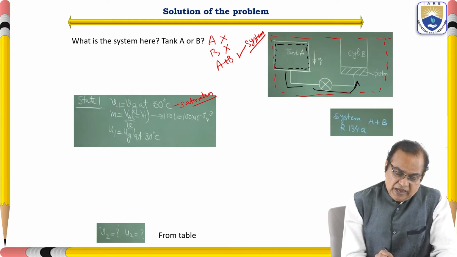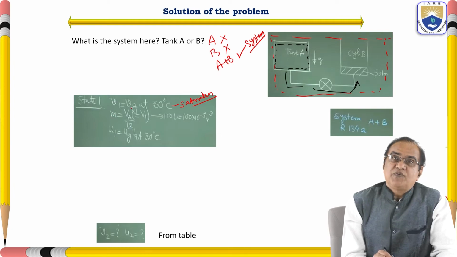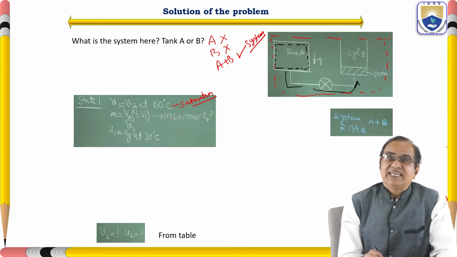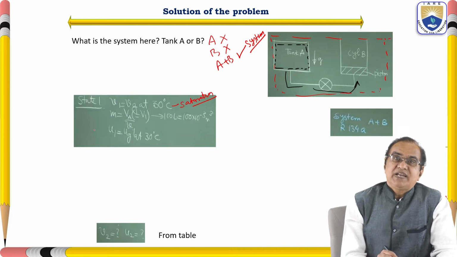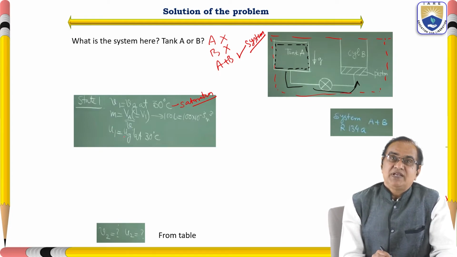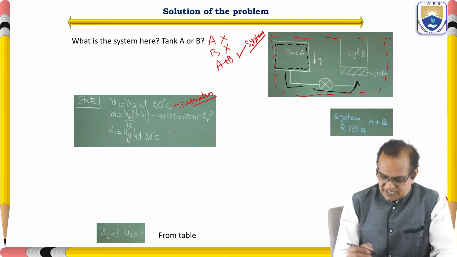If you get this specific volume, the mass is equal to V1 by v. V1 is given as 100 liter, so this is 100 into 10 to the power minus 3 meter cube. From here, we can also get the internal energy U1 from the steam table for Vg at 30 degree centigrade.